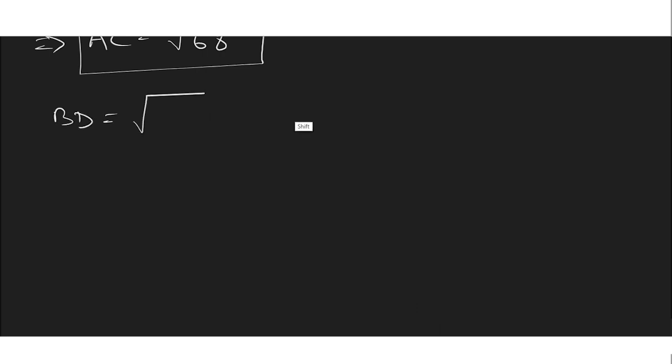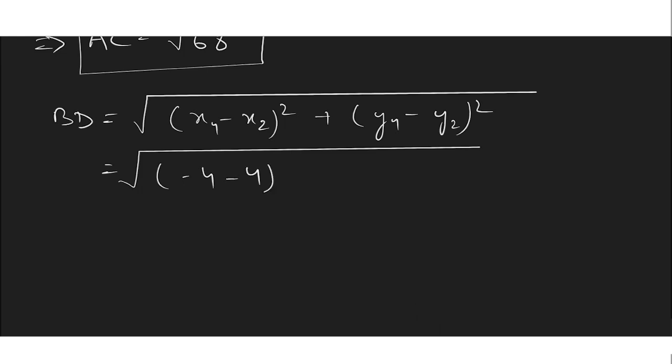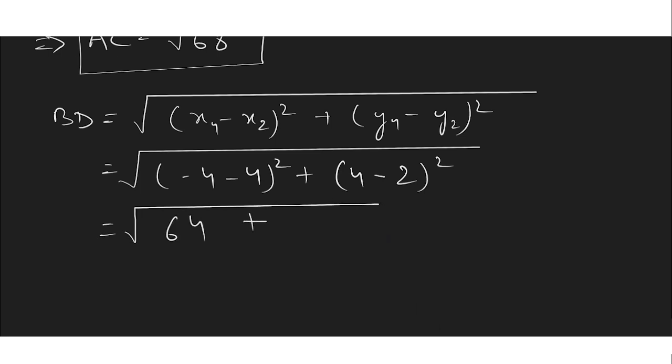It is equal to square root of (x4 minus x2) whole square plus (y4 minus y2) whole square. x4 is minus 4, x2 is 4, so it will be minus 4 minus 4, which is minus 8, square is 64, plus y4 which is 4 minus y2 which is 2, which is 2, its square is 4.